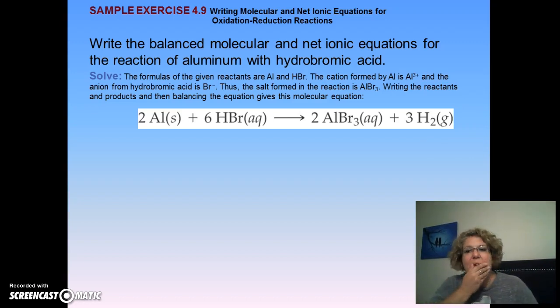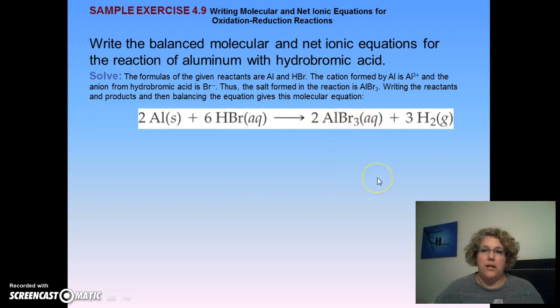I'm sorry, I got cat hair all over my face. Aluminum is above hydrogen on the activity series, so it will kick the hydrogen out. Here is the hydrogen all by itself. And then the aluminum will hook up with the bromine, and we'll have aluminum bromide, and then it'll promptly dissolve in the water. So it's aq.